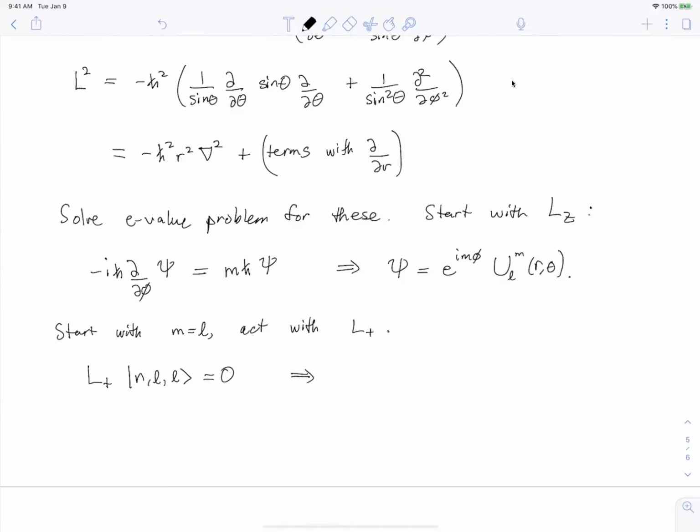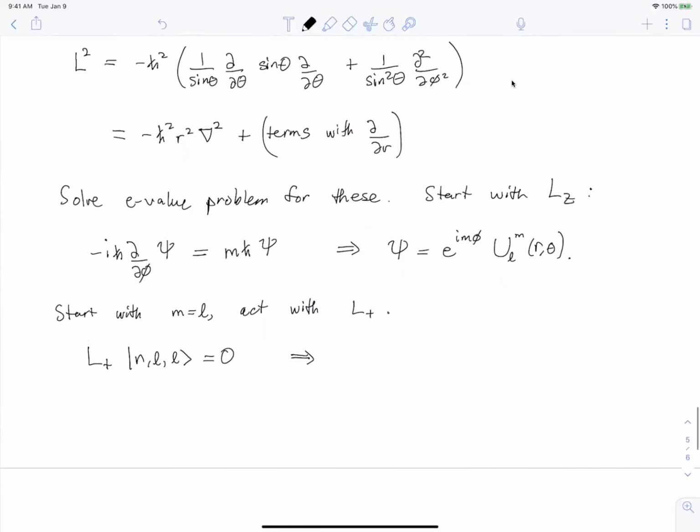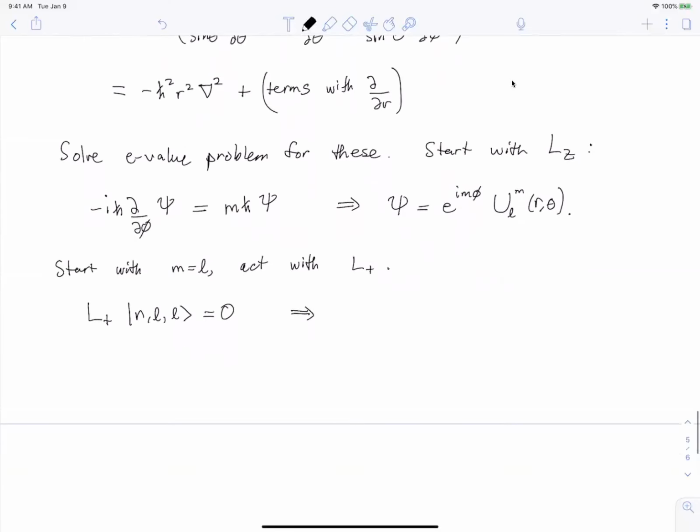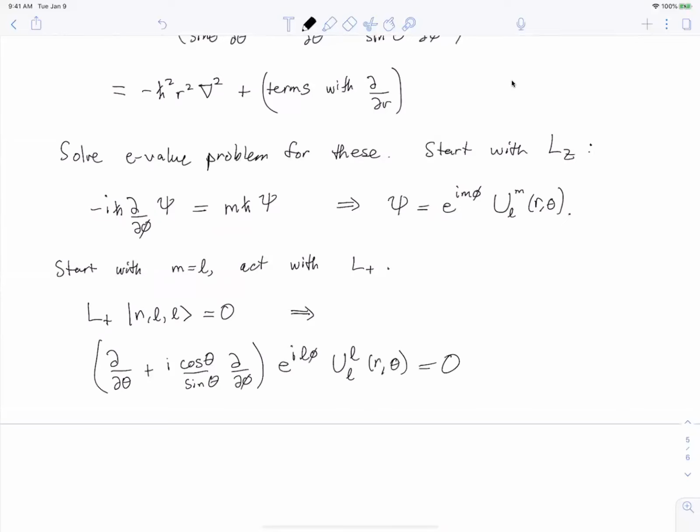Because we have a representation for L sub plus, that's partial theta plus i, I'm still resisting the temptation to write cotangent, all of this acting on e to the i L phi, where I've plugged in m equals L, times the unknown function u_LL, and that should equal 0.